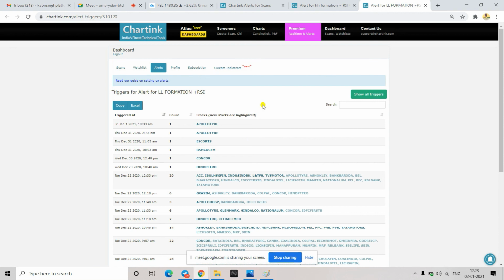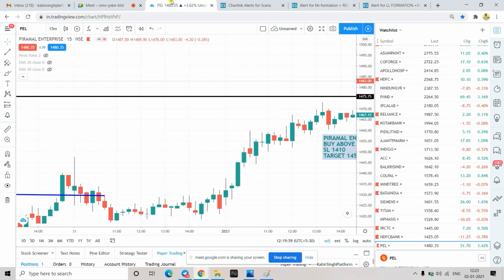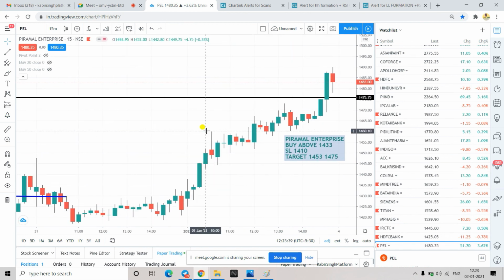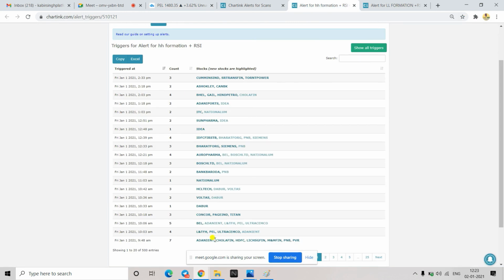We have seen many examples, right? In L&T Housing Finance we got a good target, in PEL we got a good target, and we had seen a few examples before where M&M Finance was around the cost only. So like that, such scenarios will also be there.